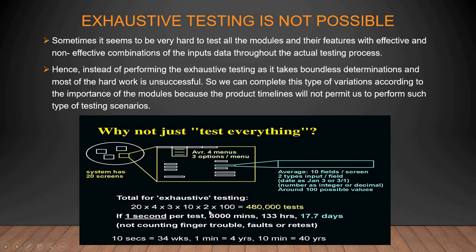So for exhaustive testing, we have to test this many scenarios. If it is 1 second per test, that is 8000 minutes, 133 hours, 17.7 days. So 10 seconds is equal to 34 weeks, 1 minute is equal to 4 years, 10 minutes is equal to 40 years. So these test scenarios will take 40 years to test the whole screen. So this is all about exhaustive testing.